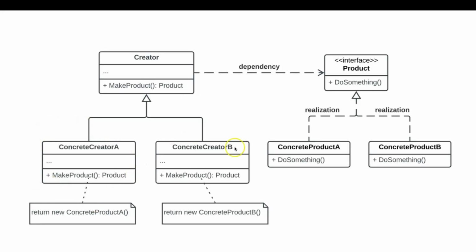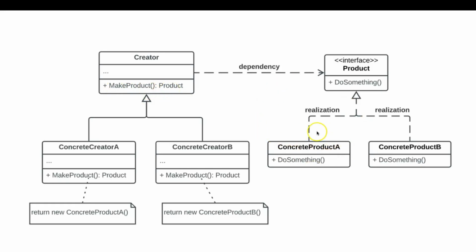Concrete creator A and concrete creator B, these are subclasses of the creator class, and each concrete creator implements the makeProduct method to return a specific type of product. Concrete creator A returns an instance of concrete product A, and concrete creator B returns an instance of concrete product B. This dashed line from the creator class to product indicates a dependency where the creator class depends on the product interface to define the return type of the makeProduct method.